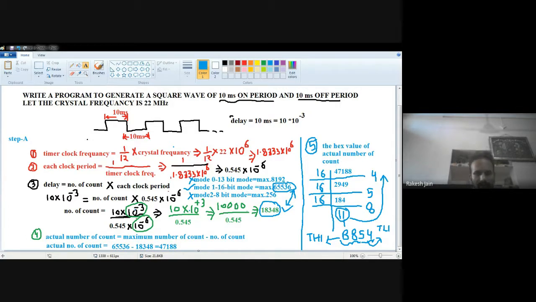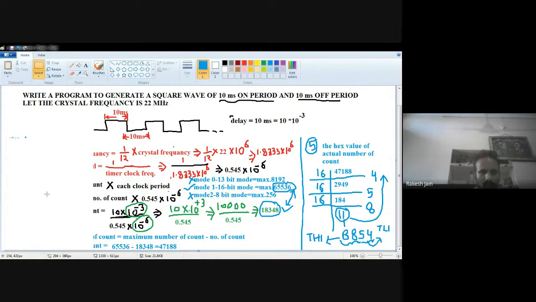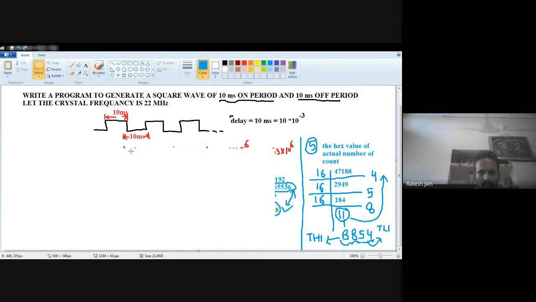Now the second step we are going to do, step number B. So I first remove step number A. Okay. Now we have to do step number B.